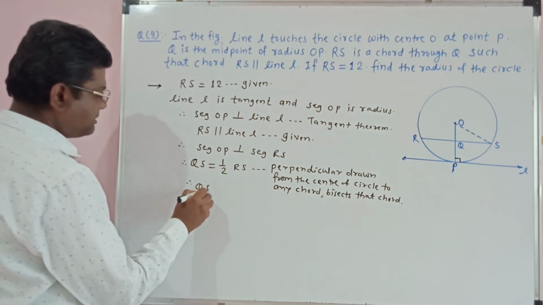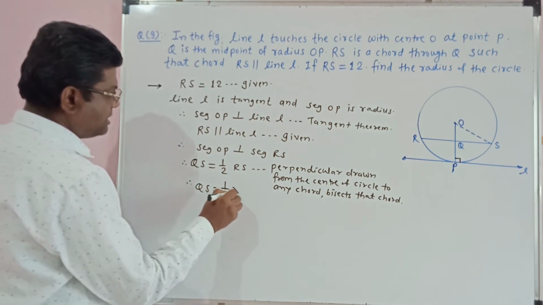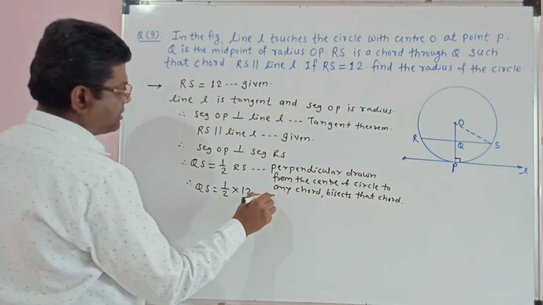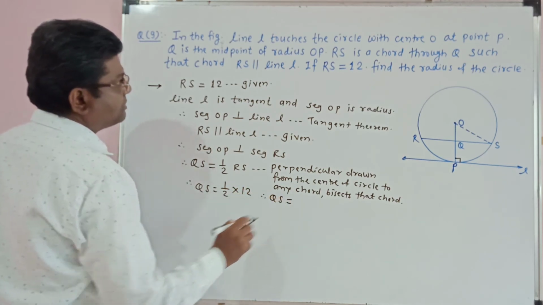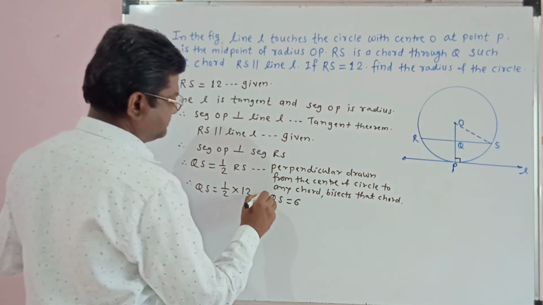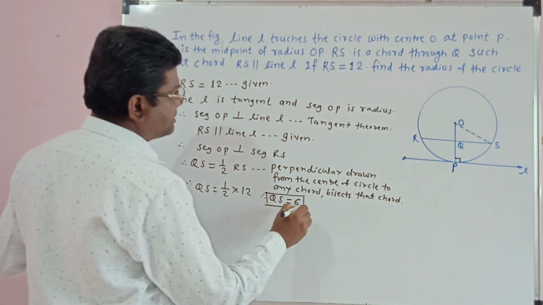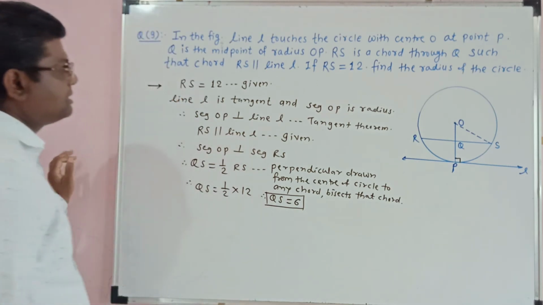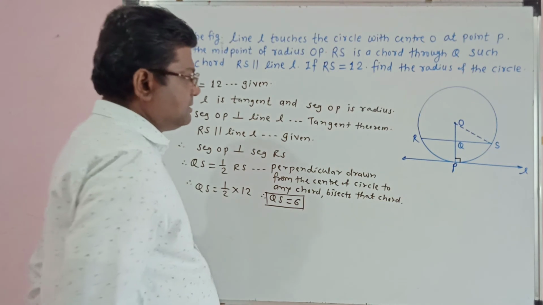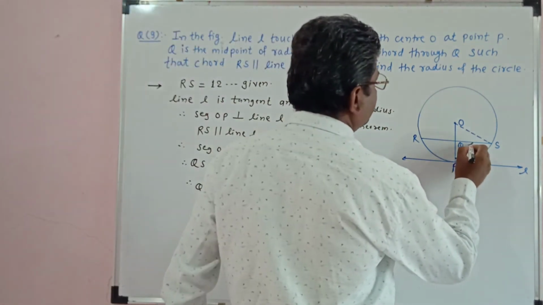Therefore QS is equal to 1 upon 2 into RS. RS is 12. Therefore QS is equal to 6. So we get QS is equal to 6 here.